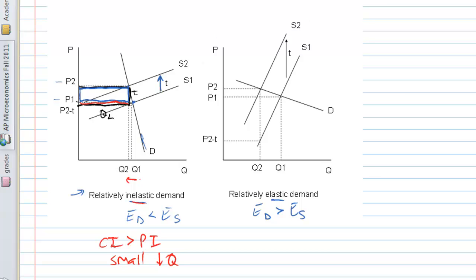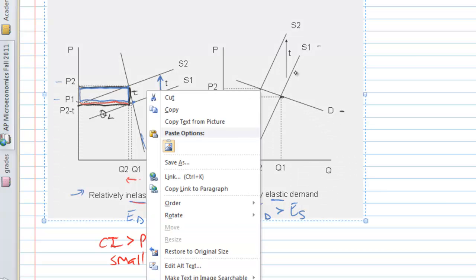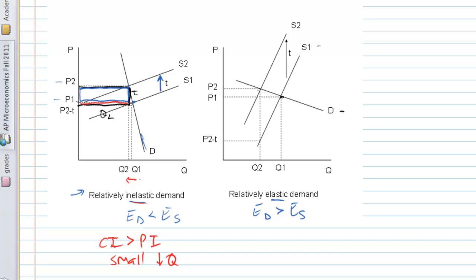With relatively elastic demand, let's do the same thing. So to show relatively elastic demand, we've got a flatter demand curve compared to a steeper, more inelastic supply curve. If we put a tax of the amount T on this good, then we shift the supply. Here's our first equilibrium, here's our second equilibrium.